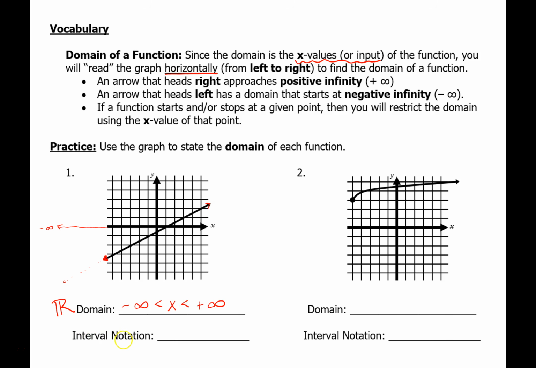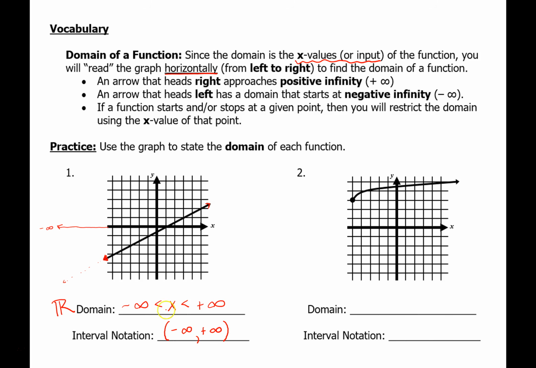In interval notation, we are going to use that negative infinity, comma, positive infinity, but we need to use some kind of bracket around this. Because you can't ever actually go and hit negative infinity because it always goes a little further, we're going to use a soft bracket, a parenthesis. And the same thing is true because positive infinity goes infinitely in that direction and you can't ever actually touch it. Then we're going to use a soft bracket or parenthesis there.